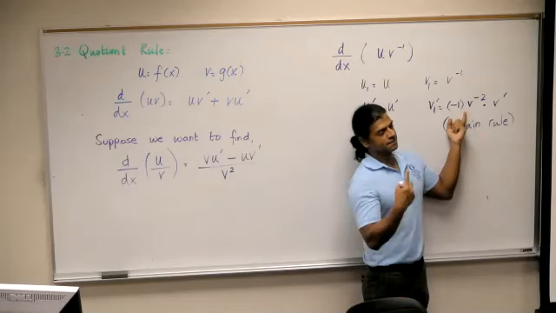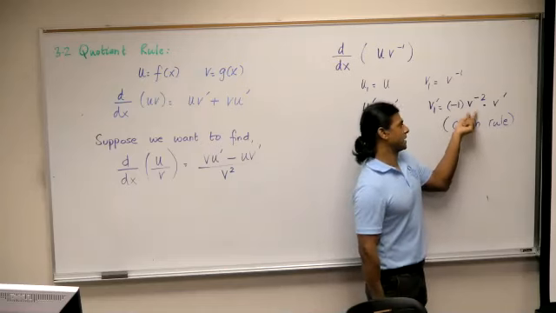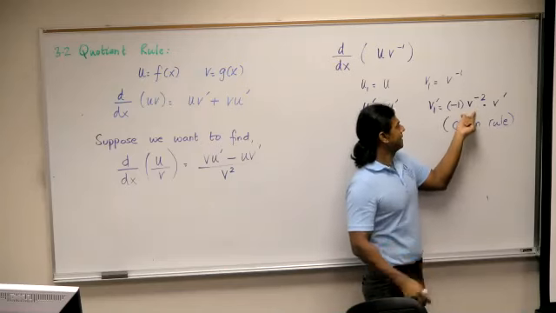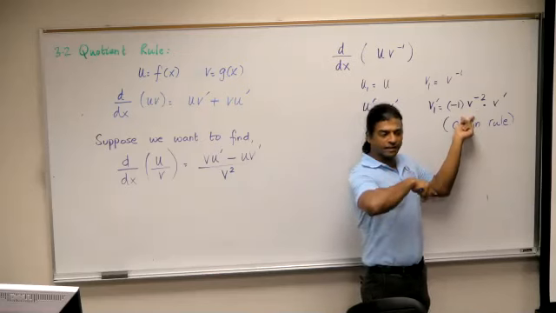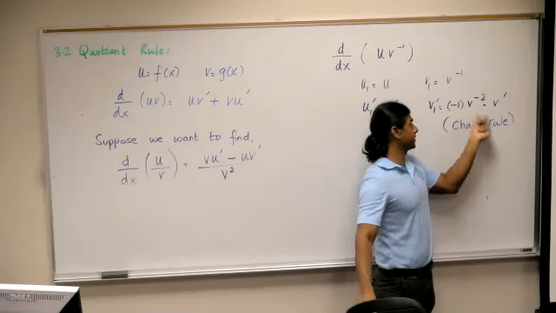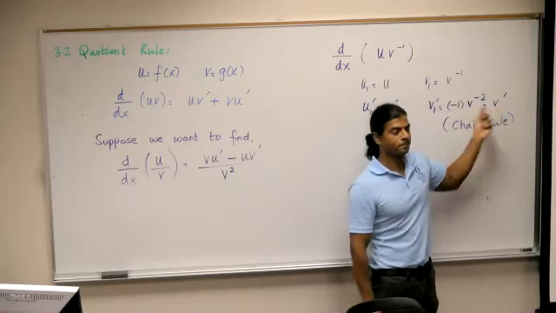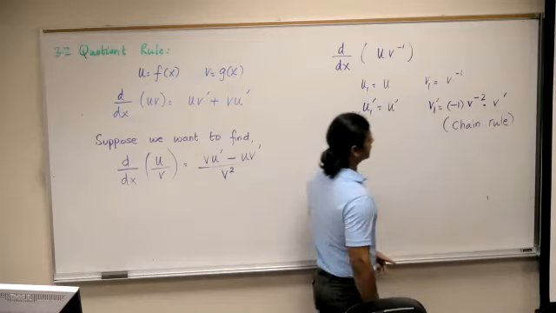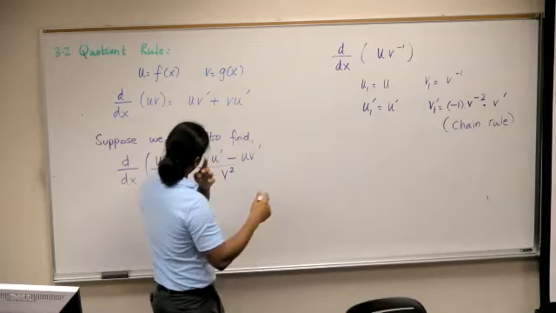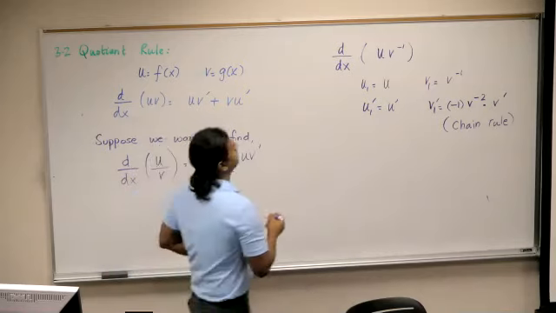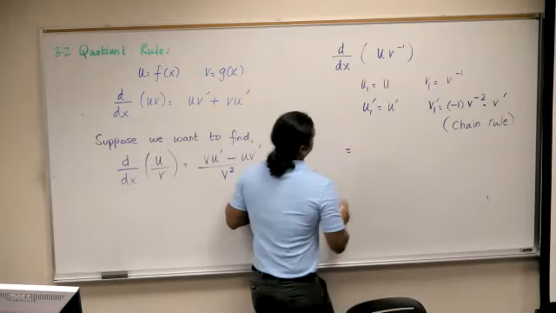So since v is a function of x, I'm treating v like this, using the power rule, but then realize, well, v is a function of x, so I have to take its derivative also. That's just how chain rule is going to work. Put the star, and I'll explain this once the time comes.